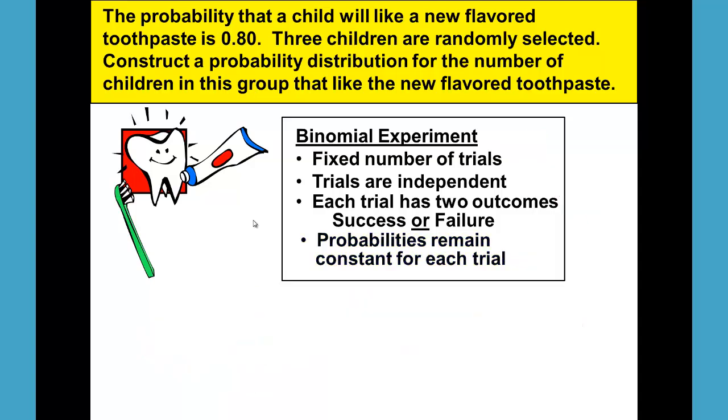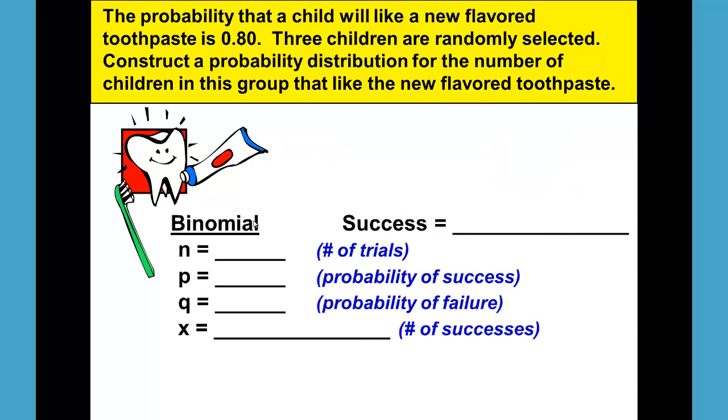Since the problem meets the 4 requirements, it is a binomial distribution. Next, we want to fill in our variables. For Mrs. Borlaug, this is a requirement. For the rest of you, it is a very strong suggestion.